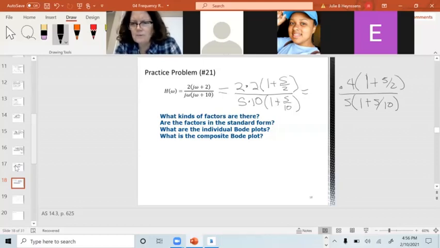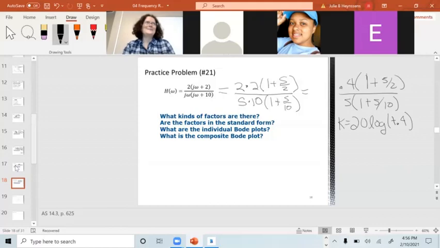So I've got 4 factors. I've got a K, 20 log of 0.4. That will be negative. You can't take the log of a negative number, but 20 log of positive 0.4 will be a negative number.